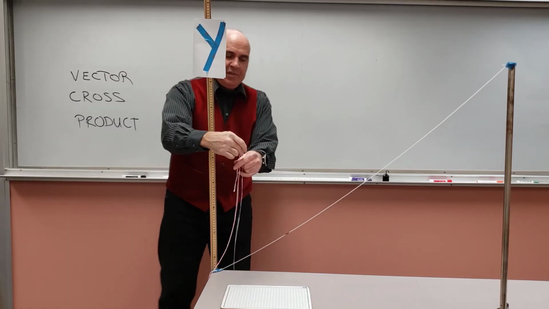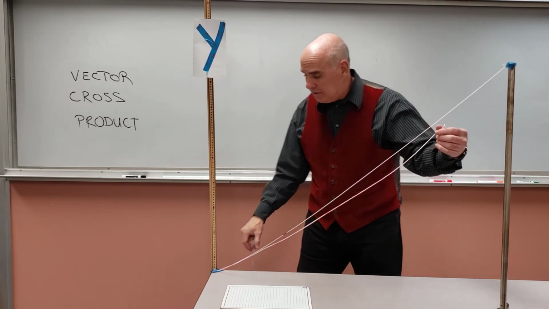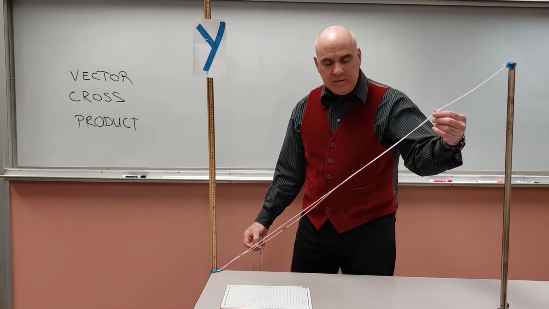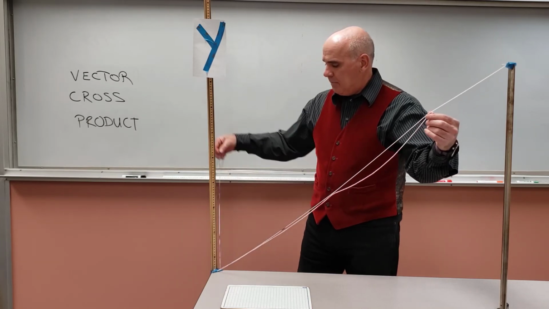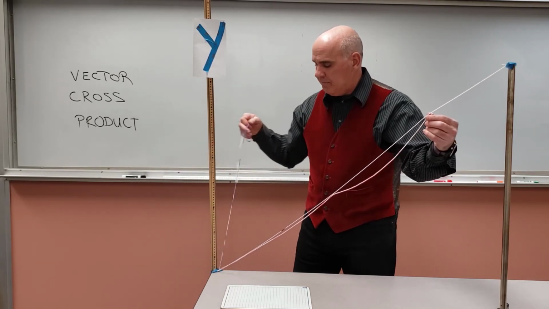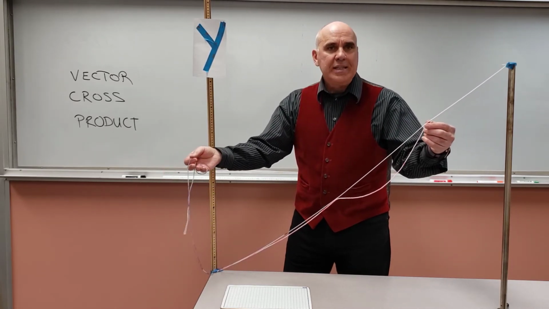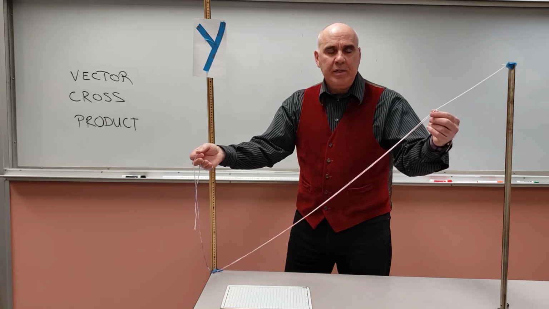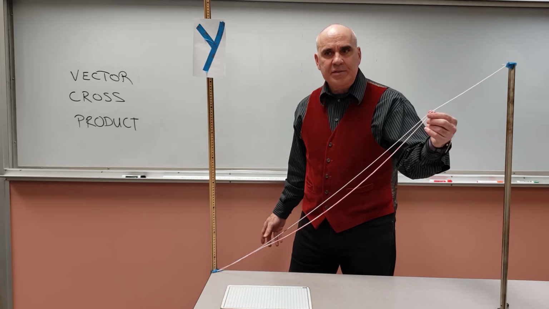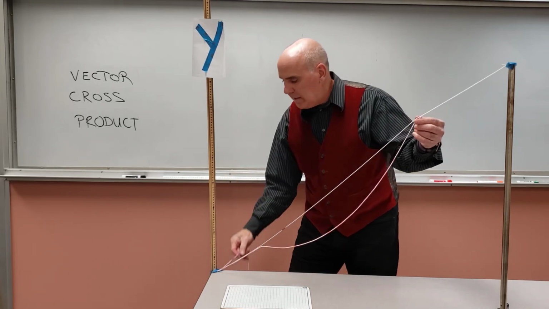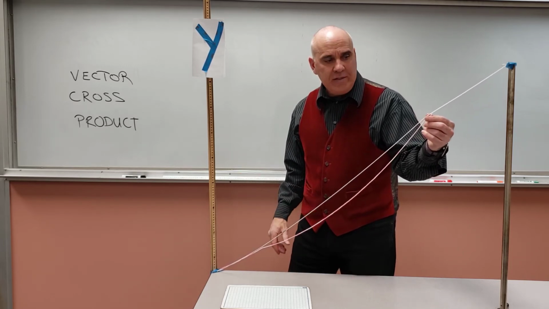So another thing that means then is that if W and R are collinear, so the angle between them is 0 degrees or 180 degrees, I can pick an infinite number of purple vectors that would be perpendicular to both of them. And the reason that happens is if 2 vectors are parallel or anti-parallel, 180 degrees off, the cross product is 0. There is no answer, right? And if you think about it, that's because there's an infinite number of possibilities, so there can be no answer.